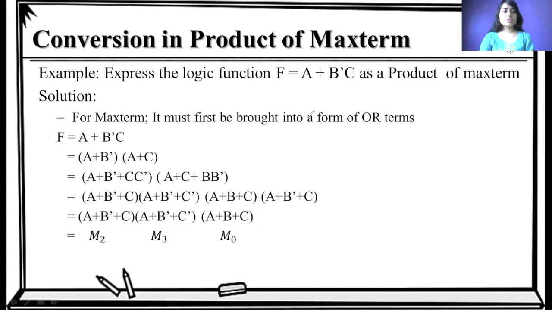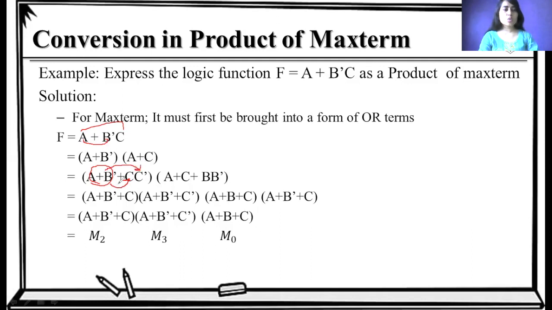Here, the distributive law is written as A + BC... A·B' then A + C. Using this way, we can write this function by the distributive law. Here we also use this whole term one time with C and this whole term one time with C'.